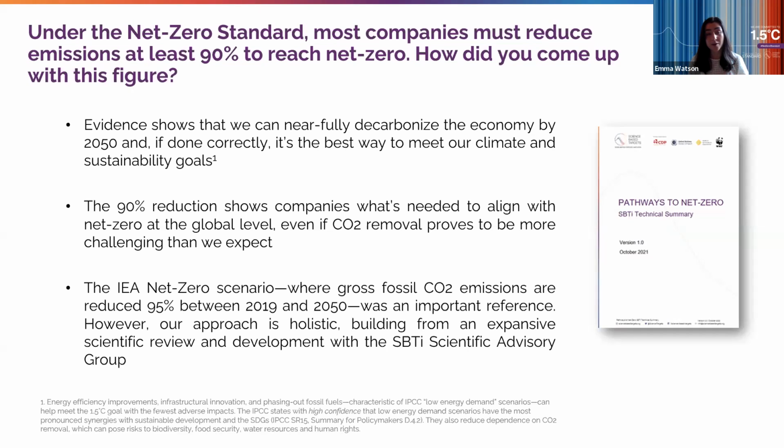So they have the least amount of risk to biodiversity, food security, water resources, and human rights. So that explains a bit why we've gone for those low to medium carbon removal scenarios within the work that we're doing. Great. Now, if we go on to the next slide, please.